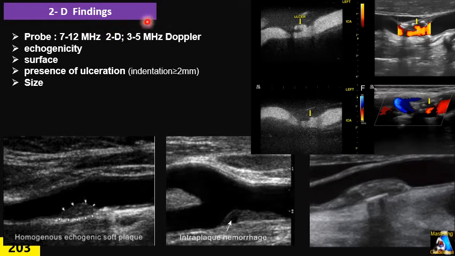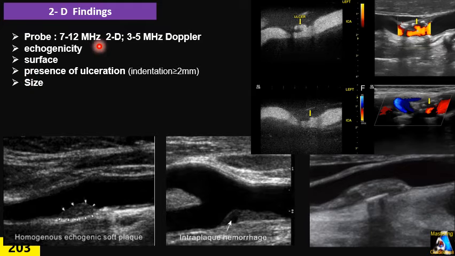And for the Doppler study, the default in the probe and software for carotid ultrasound is 3 to 5 megahertz. When we evaluate the 2D of the carotid, we have to focus our attention on 4 characteristics of the carotid and any lesion inside of the carotid.